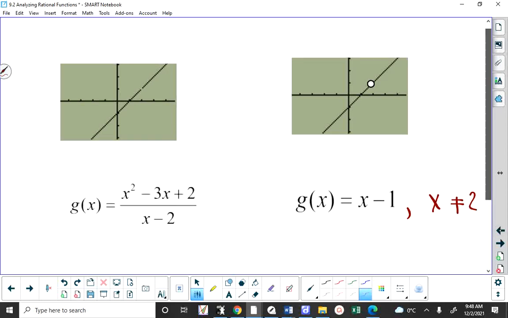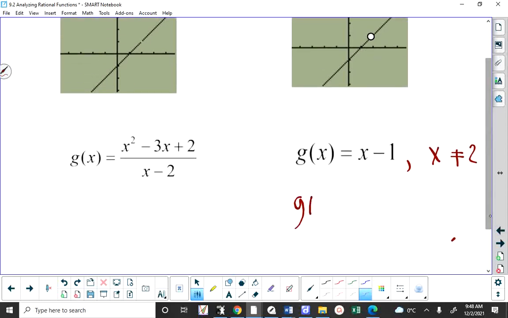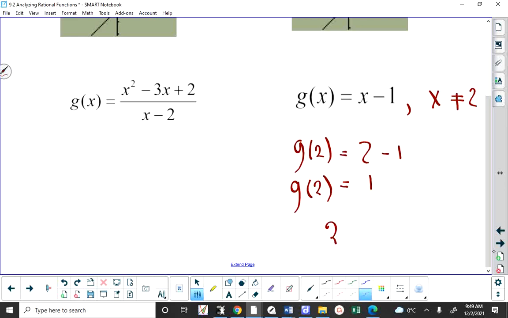So if I were to put this non-permissible value in and say, you know what, I don't care, I'm going to calculate g of 2 anyway. I would have 2 minus 1, and g of 2 is equal to 1, which means this is the point we're talking about. But since x can't equal 2, this point doesn't exist. It's a hole. Make sense? Okay.